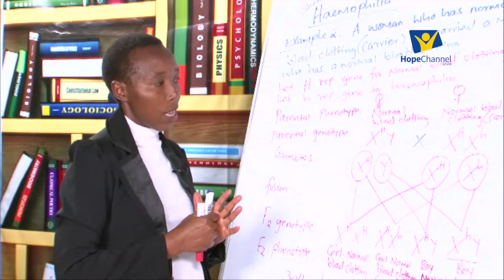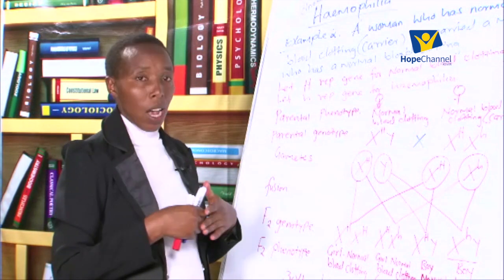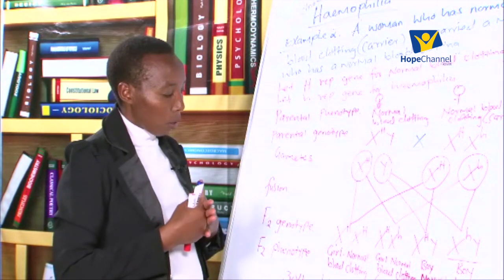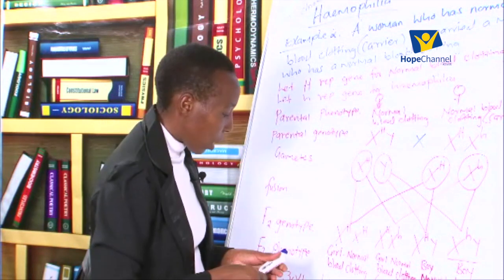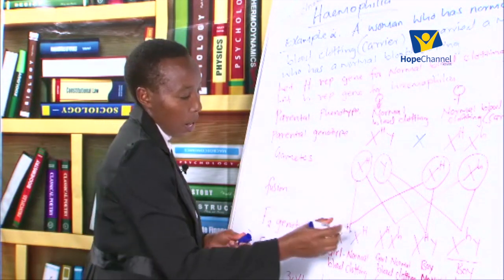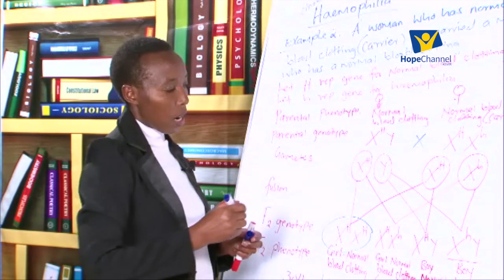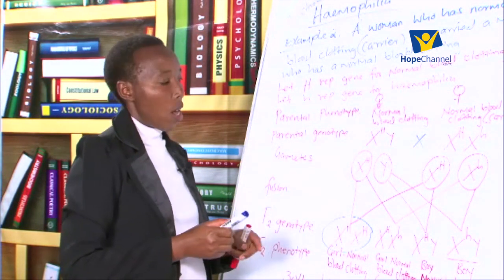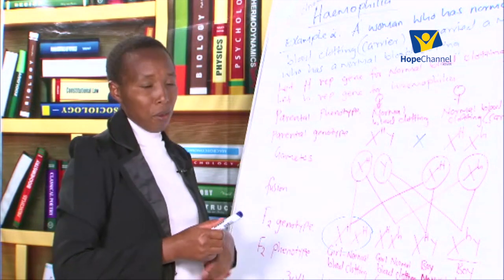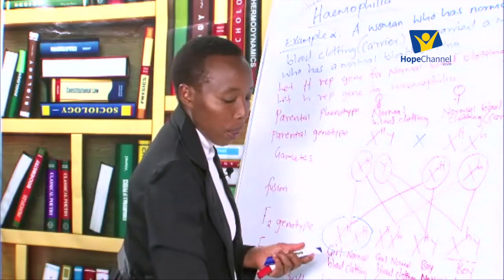And in that case, the female is having a normal blood clotting in the condition of homozygous. So assuming that it was this girl who has been born to a man with hemophilia, what do you think we'll have in that case?